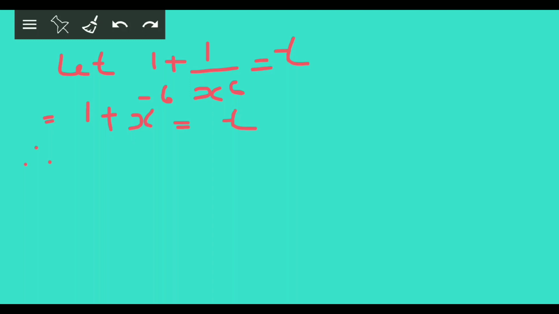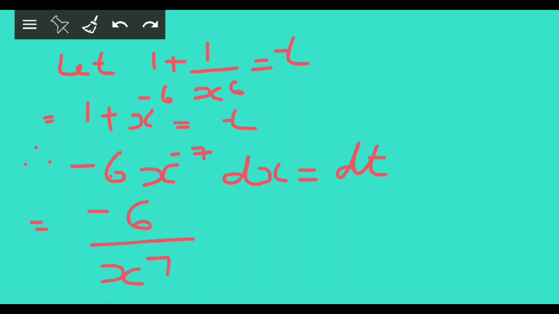For x raised to minus 6, we apply the formula: derivative of x raised to n is n into x raised to n minus 1. That is minus 6, x raised to minus 6 minus 1 becomes minus 7 dx, which becomes dt, which is minus 6 upon x raised to 7 dx, which becomes dt.